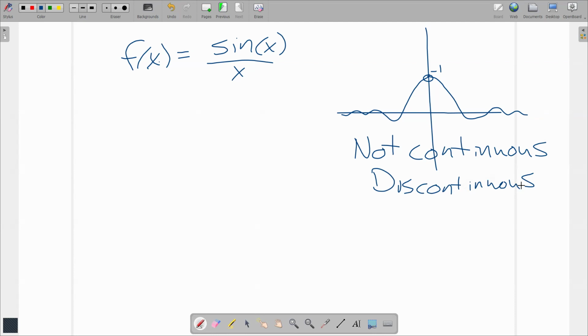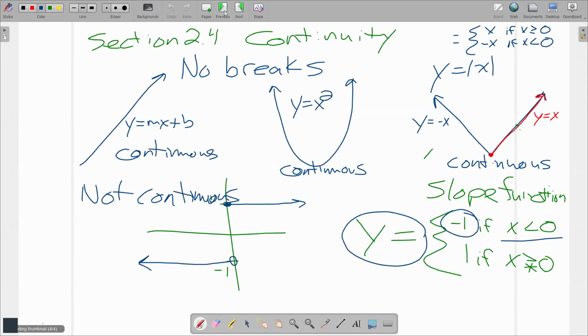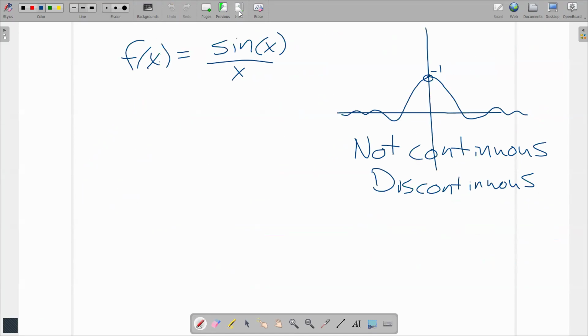We could have just a little hole, or we could have a break, like this line graph over here on the bottom left. So this is all intuitive stuff, right? We're just talking about moving a pencil. There's a mathematical definition of continuity, so I'm going to give you that next, and we'll look at some homework problems.